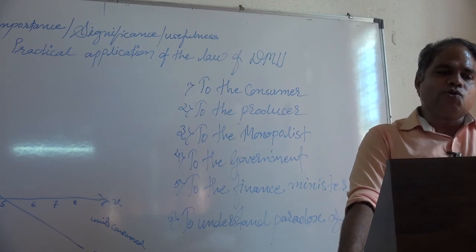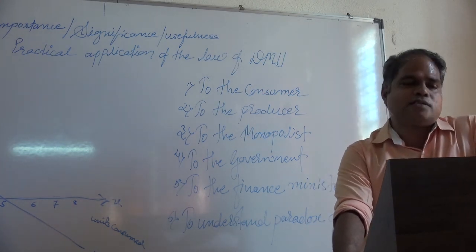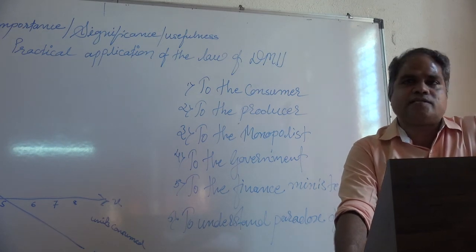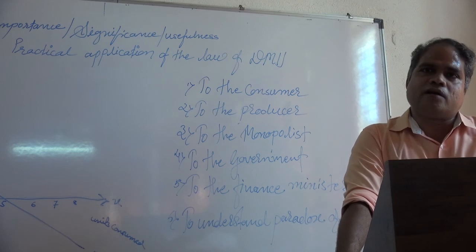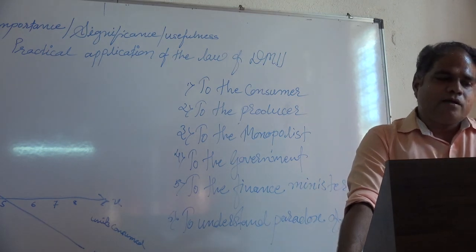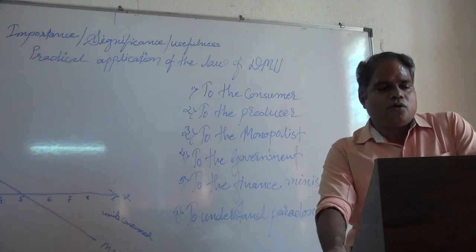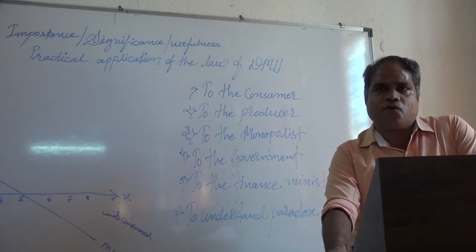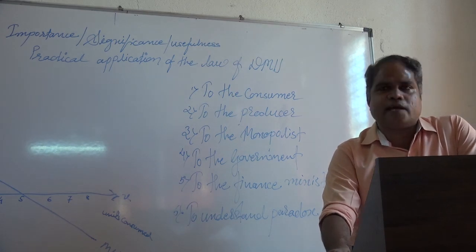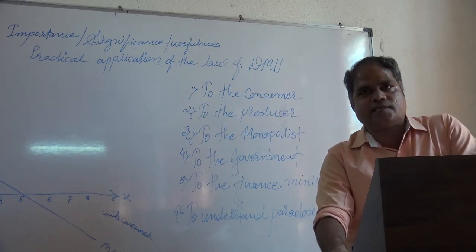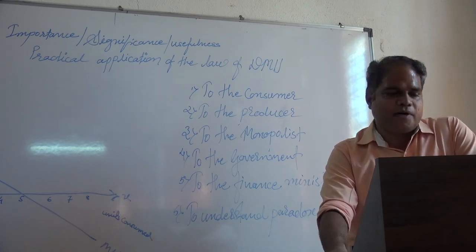Value in use refers to the usefulness of a commodity, whereas value in exchange means the rate of exchange of one commodity in terms of another commodity. Some commodities have high value in use but low exchange value, for example water, and some commodities have low value in use but high value in exchange due to scarcity, for example diamond.